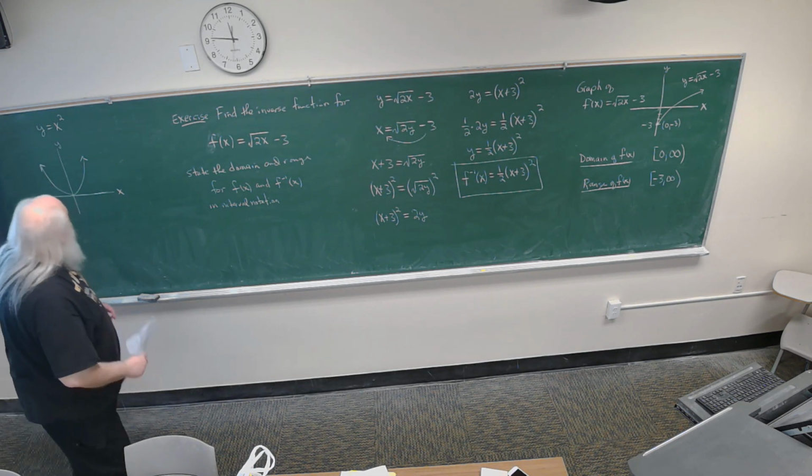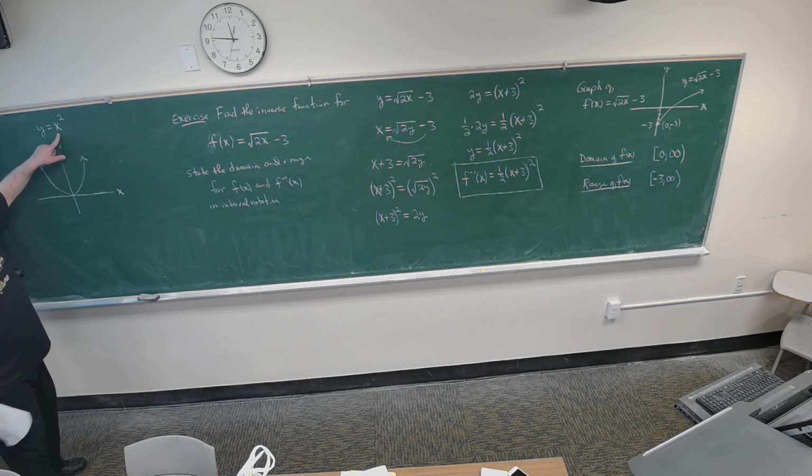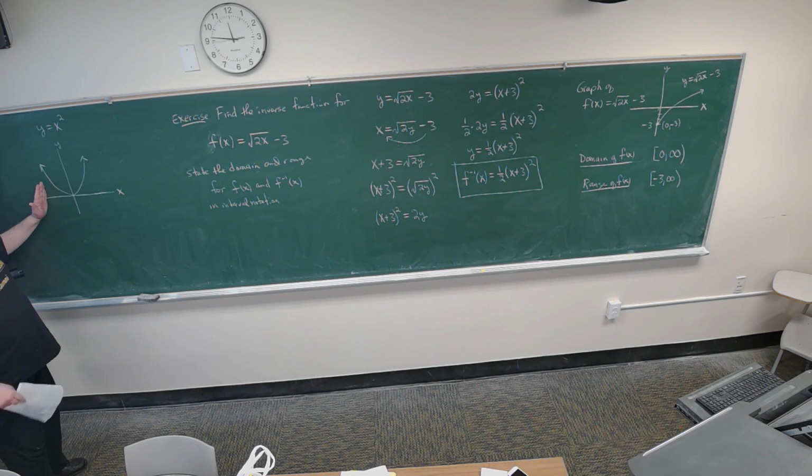So when I replace x with x plus 3, what does that do to the graph? Shifts it to the left 3, right? And then when I multiply the right-hand side by 1/2, that's vertical compression, right?